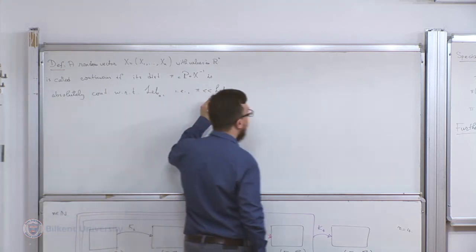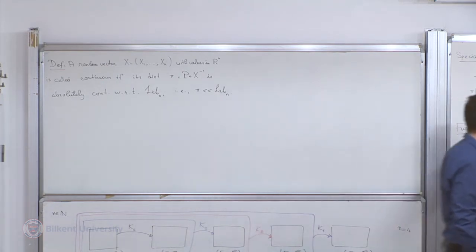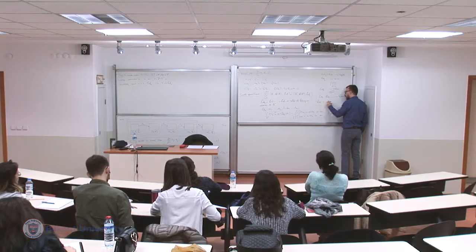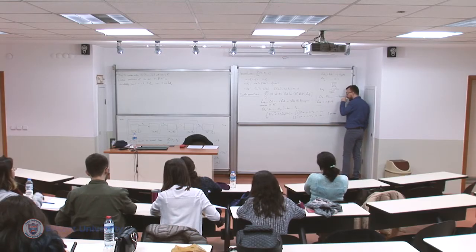So since this is a sigma finite measure, maybe I should have said Lebesgue n is sigma finite, just like the one-dimensional case.